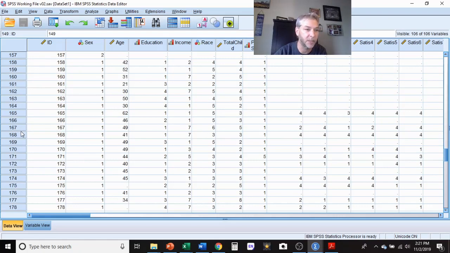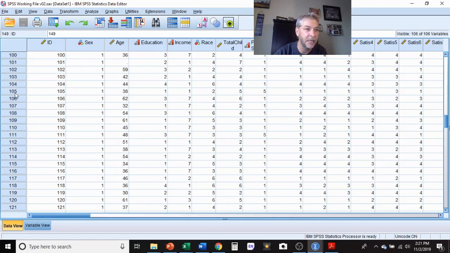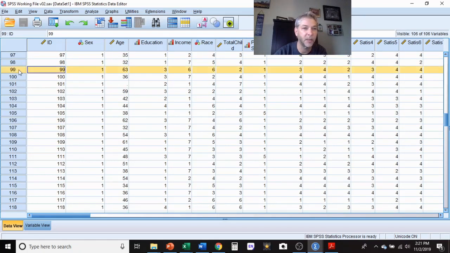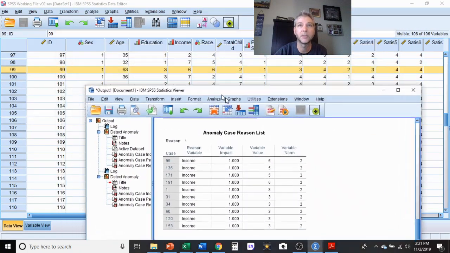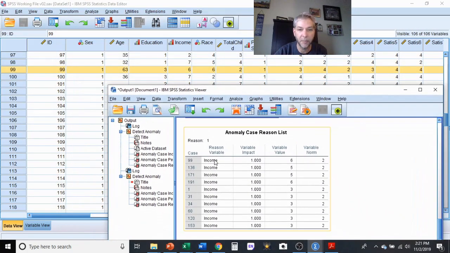So I believe that was case 99. Let's take a look and see what comes up for income. Okay, that was a 6. And when we look here, participant number 99 gave a variable value of 6. So it's a little bit higher on that end.